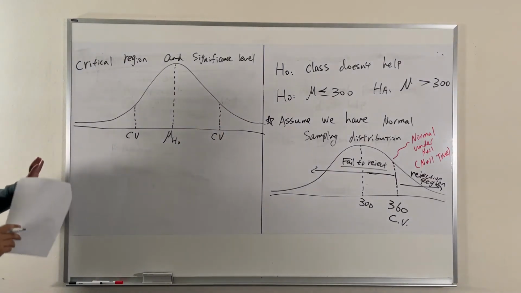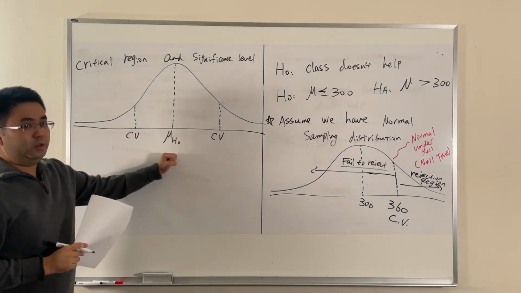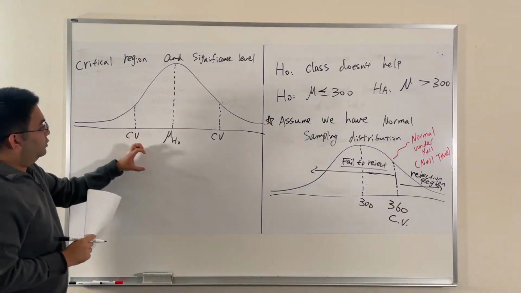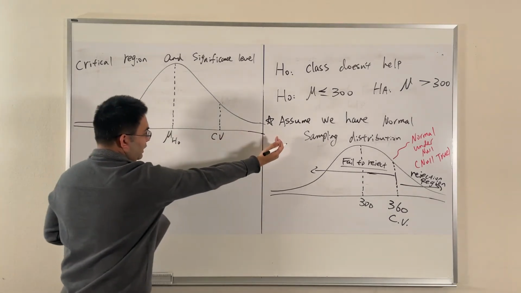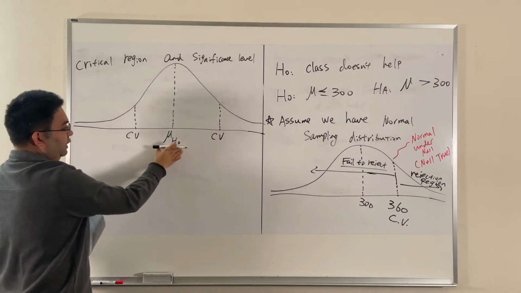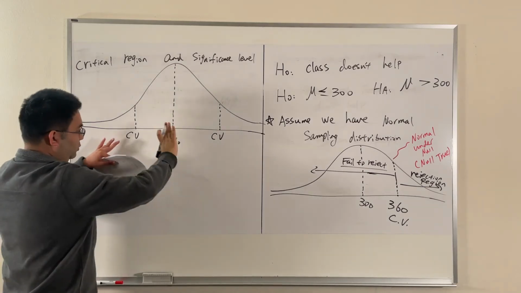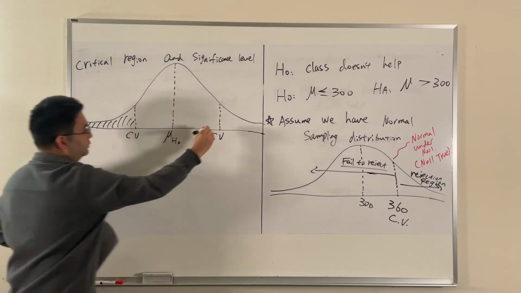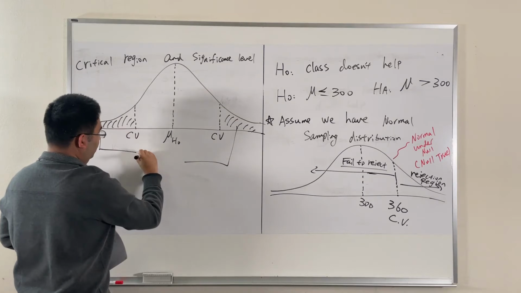Which means that if your value is very different from the population mean under the null, like if it's really small, smaller than the critical value, or if it's larger than the critical value, we are going to reject. To say that since it's so different from the mean under the null, then it's not likely to be this value here. So we're going to reject the null. Okay? And then these two areas are what we call the rejection region.